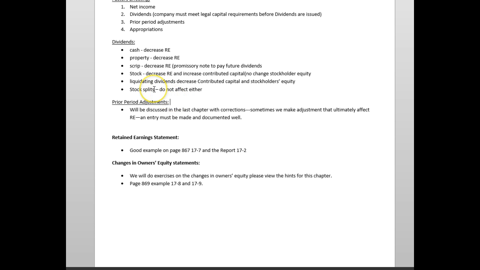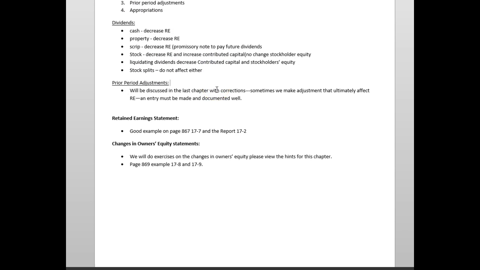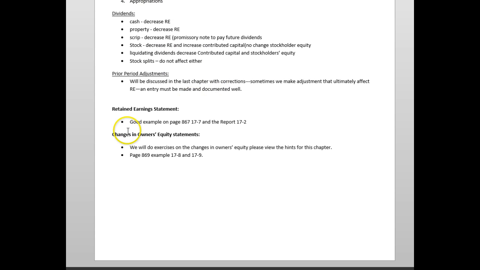But you still have to consider those, and you also have to put those in the notes, so make sure your disclosures are right. Prior period adjustments, we're not going to do too much with in this chapter, but when we get to the last chapter, we're going to look at those with the corrections, and they always are going to affect the retained earnings. Ultimately, everything does, I think, in the end.